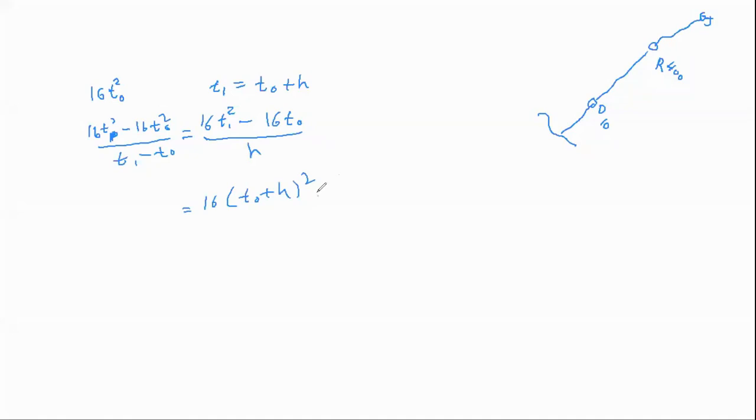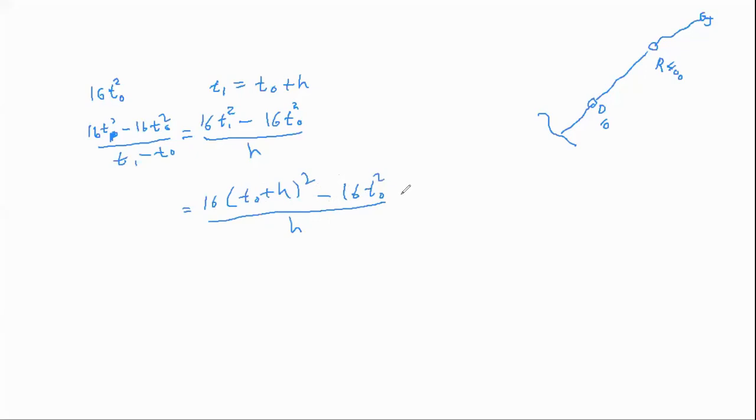I'm going to subtract from this one 16 t0 squared, okay? Because this is also squared. And then we're going to divide it by h.